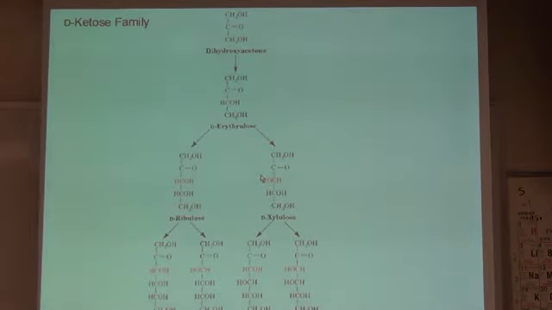The carbonyl group has to be interior on the ketones. Again, there's a couple. Fructose is one we'll run into. Fructose is the only one that we'll see. We'll see that as part of a disaccharide in just a minute.